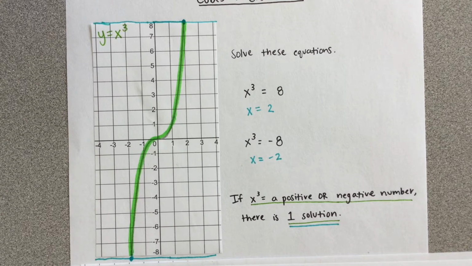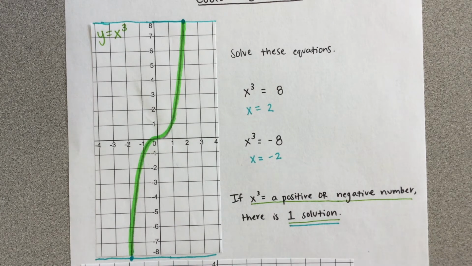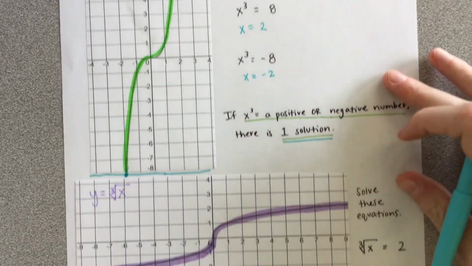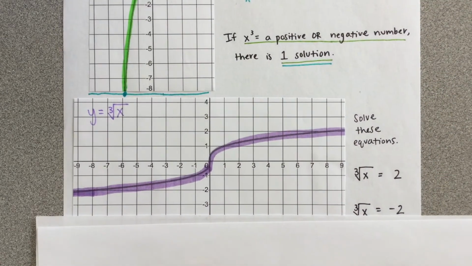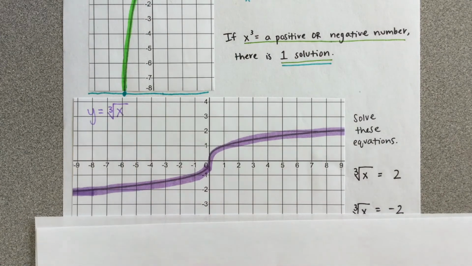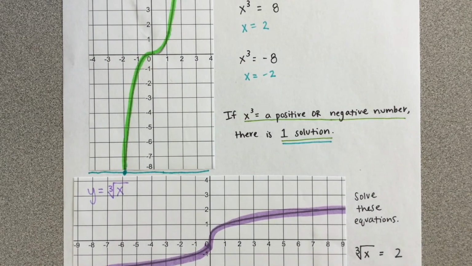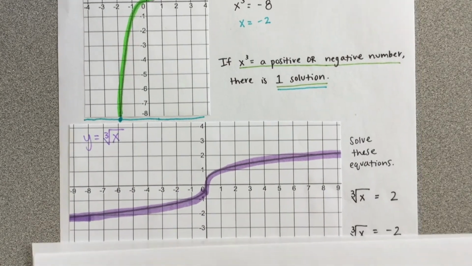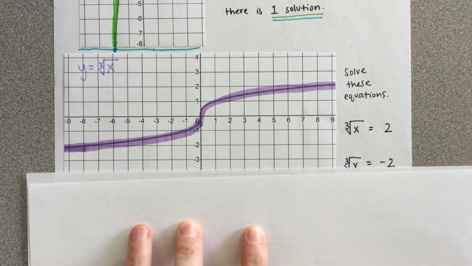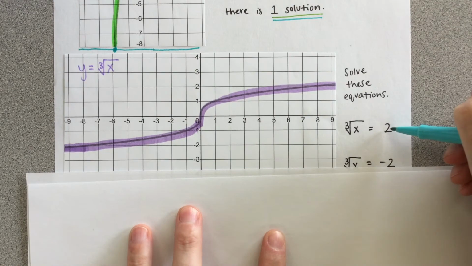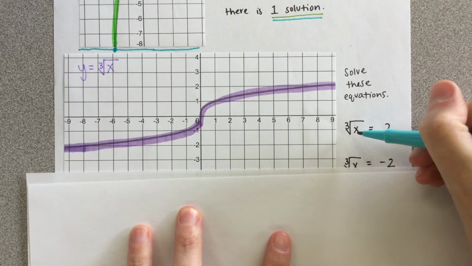Now, what about a cube root function? So here's the graph of a cube root function, y equals the cube root of x. Notice it's kind of just a sideways version of that graph we looked at up there, x cubed. So to solve these equations, find a y value of 2 and figure out its x value.